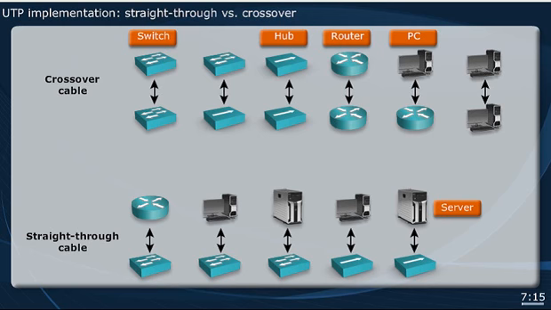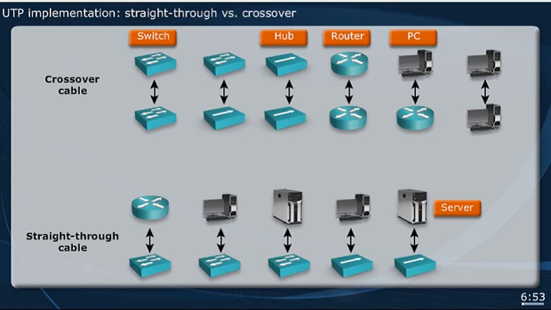If you're thinking out there, well, I know I've got some auto-sensing functionality in my Ethernet gear that is going to solve this conundrum for me. So I can always use a straight-through cable. That's mostly true.